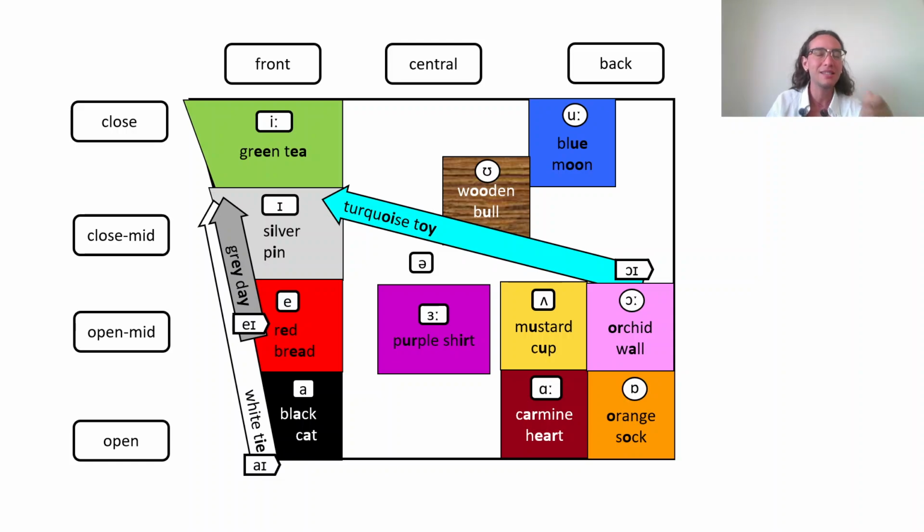Each dictionary has their own symbols, and none of them truly use the International Phonetic Alphabet. But also, that's kind of normal because the International Phonetic Alphabet is made for describing phonetic realities, not phonetic ideals. And what I'm presenting to you is a sort of ideal, a fixed ideal that doesn't take into account any natural variation.